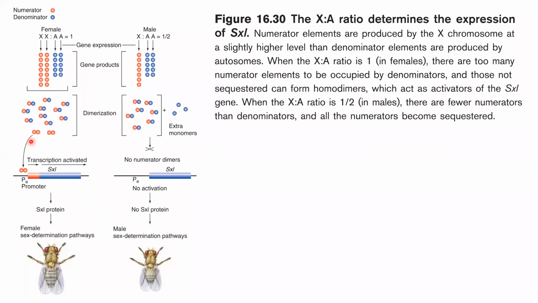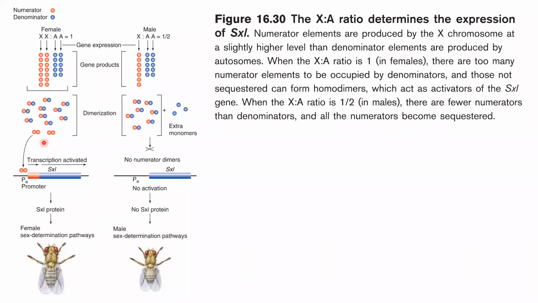This numerator homodimer is nothing but a transcription factor that activates, as I said, the main master regulatory gene SXL, that's Sex lethal. Once the numerator homodimers activate this SXL gene, there is a downstream cascade, and the development is that of a female fly.